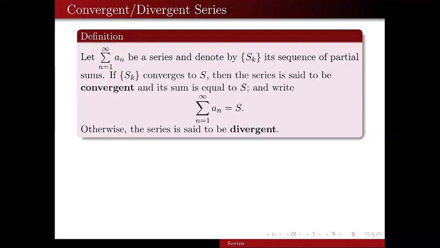If this sequence of partial sums diverges, then the series itself is divergent, meaning you will not be able to get the sum. So this is the definition way of determining whether the series has a sum or not, with the use of the sequence of partial sums.